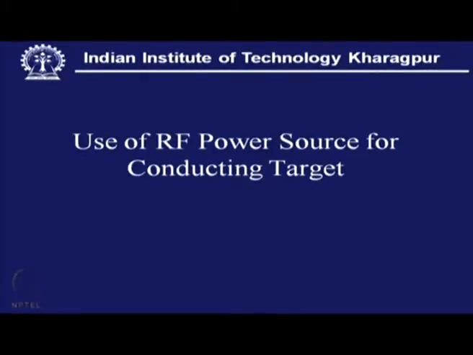but here use of RF power source for conducting target. This is already understood that for conducting target auto development or self biasing is not possible, because it is a conducting current, and that has been already illustrated.